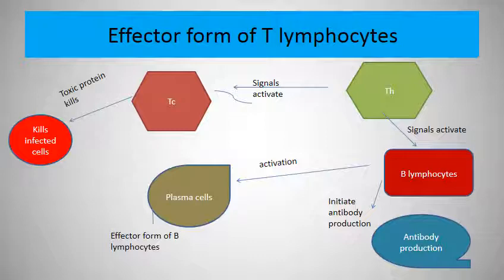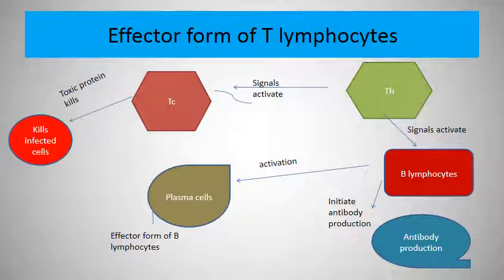That is one way in which they act, and the second way is this: the helper T cells can also produce signals to activate the B lymphocytes.